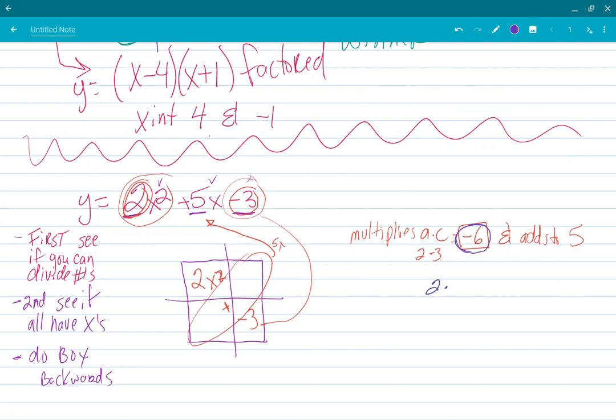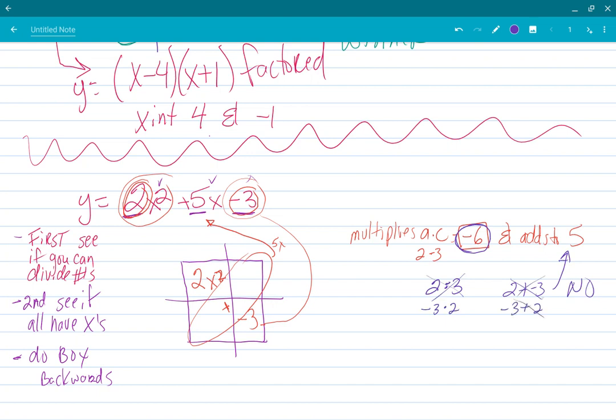Well, 2 times -3 works, right? But does 2 plus -3 equal 5? No. So this one does not work. What about -3 times 2? Does this equal 5?